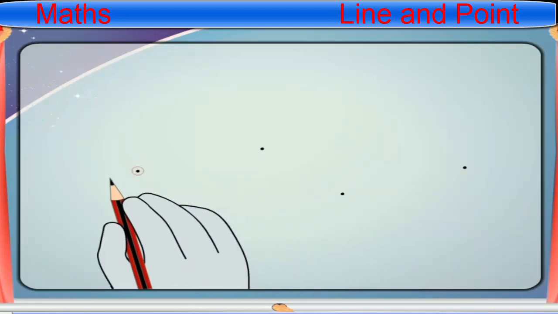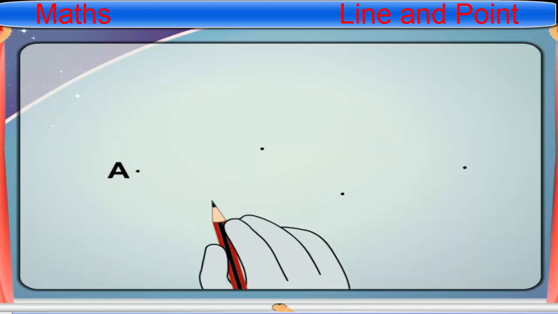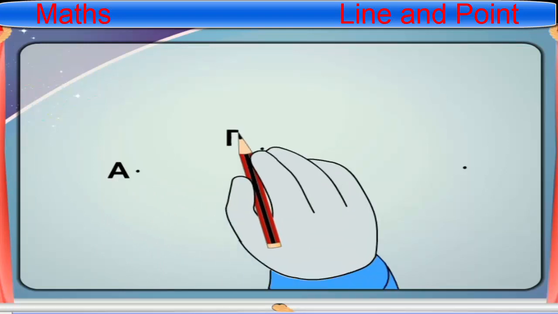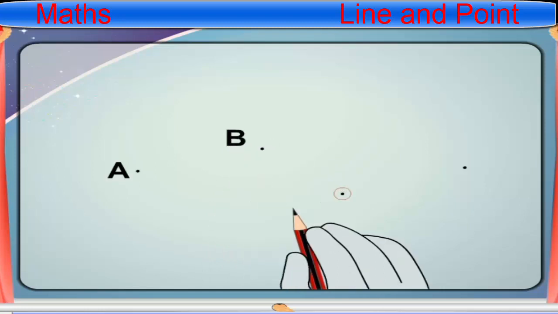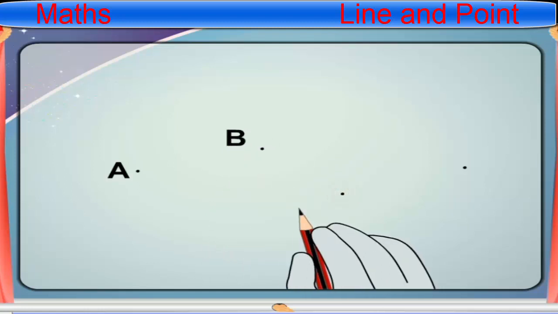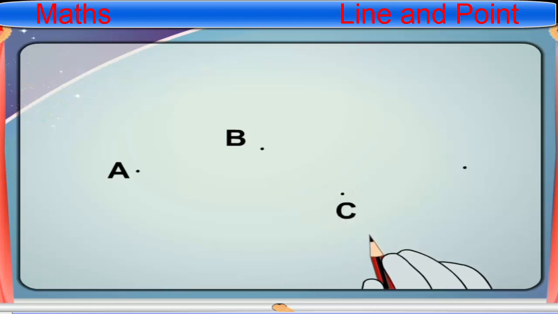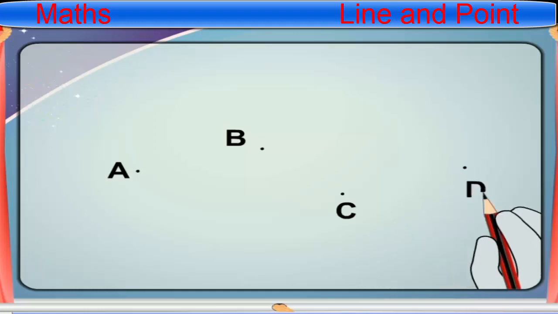We can name this point as A, this point as B, this point as C, and this point as D. A point is generally denoted by a capital letter of the English alphabet.